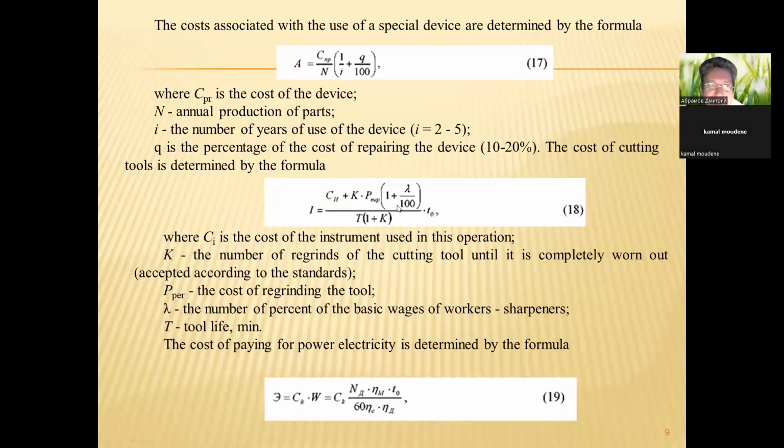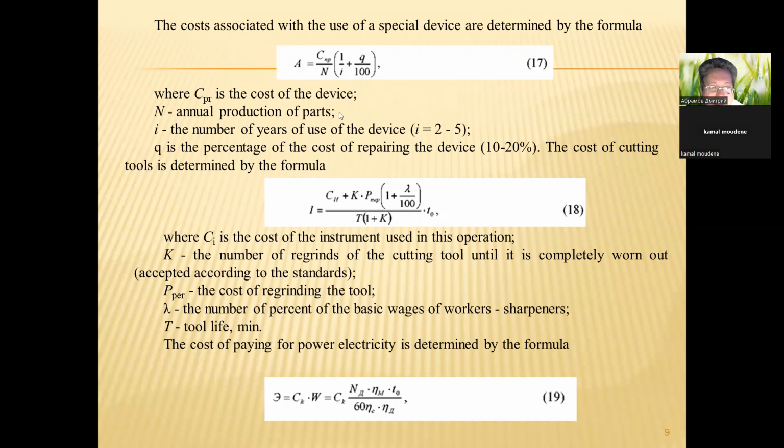The costs associated with the use of a special device are determined by formula 17. In this formula, big C is the cost of the device. Big N, annual production of parts.